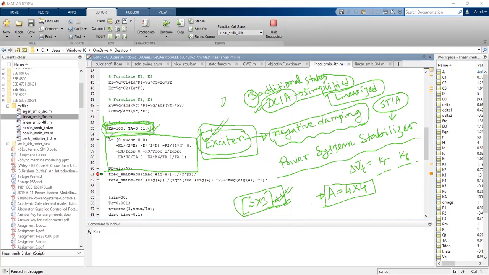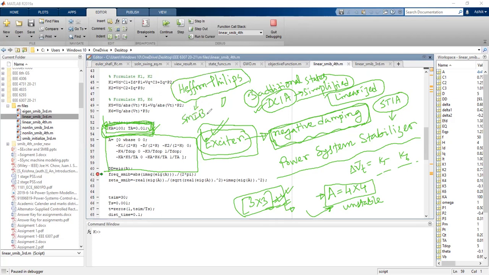How it actually affects the system, we will discuss with the help of a block diagram. In the next class, we will start with the block diagram famously known as the Heffron-Phillips model. It is a very famous model, which you will find in most of the papers dealing with single machine infinite bus system stability.